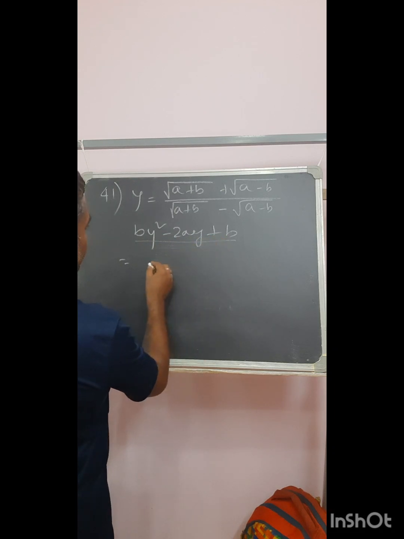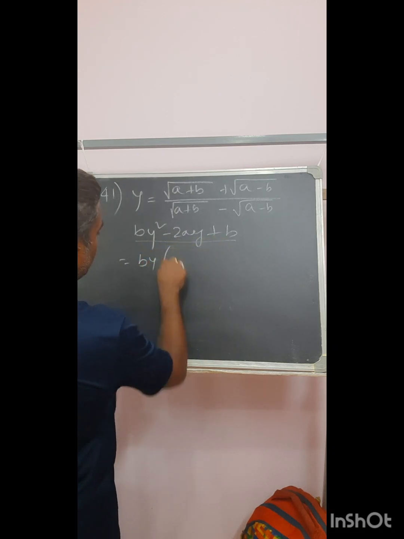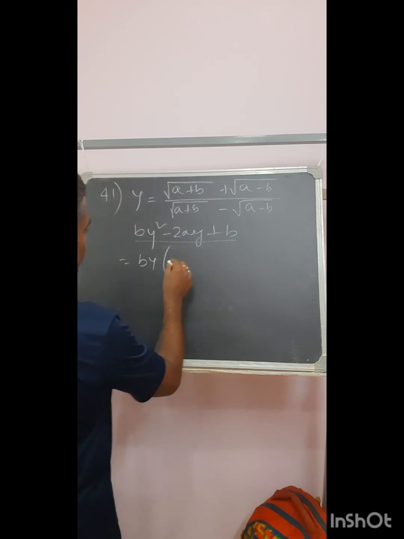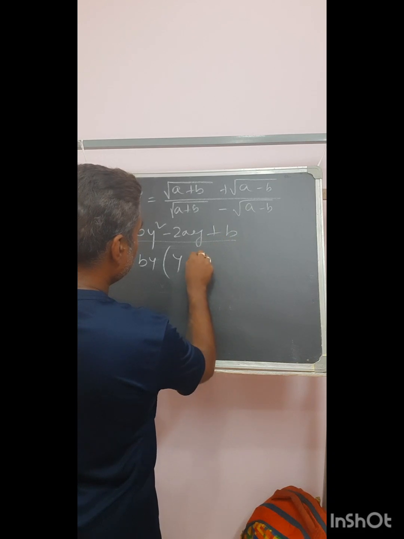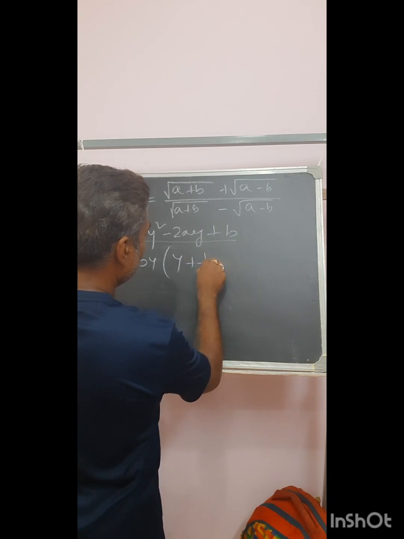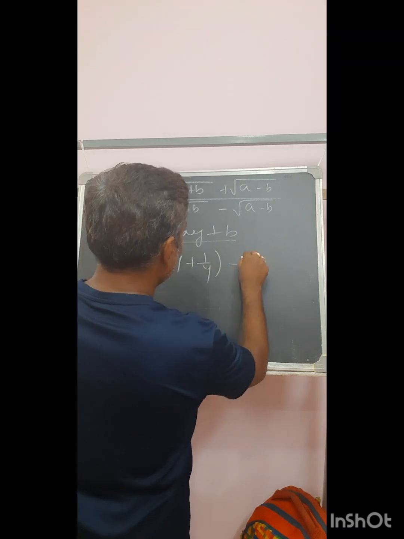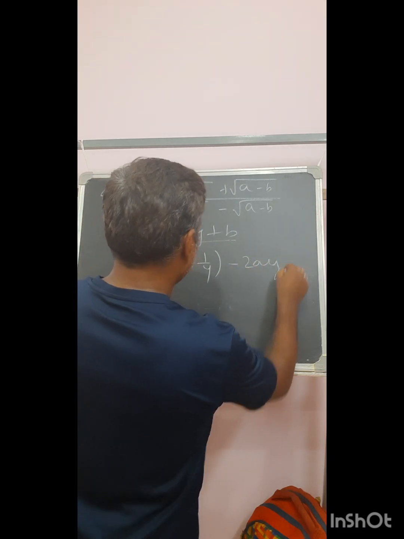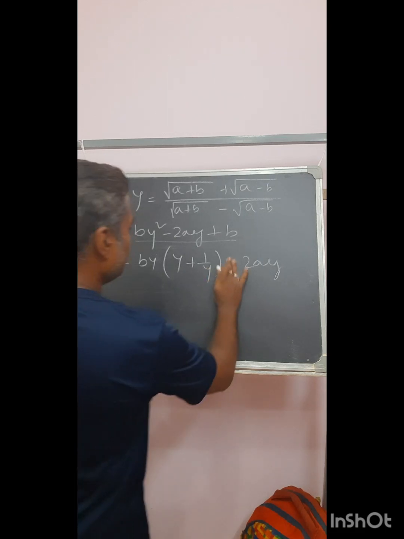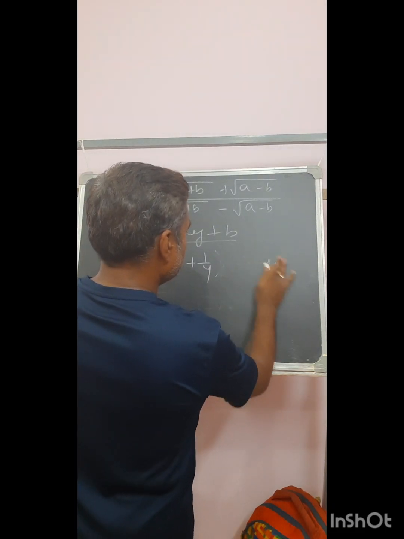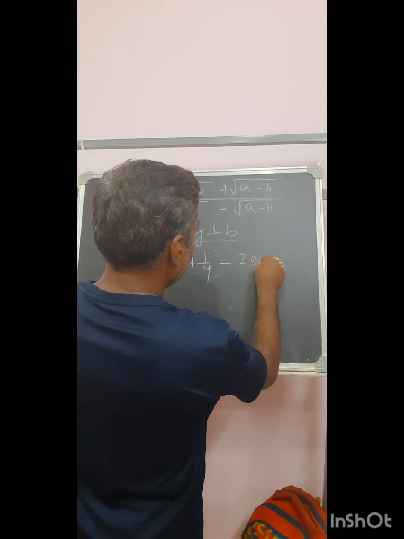Now if I take y common from all this, what I find is y here, and this part will be 1 by y. Now I will leave this part as it is. I will not take anything out of it. Or if I take it, it will be like that, minus 2a by b.